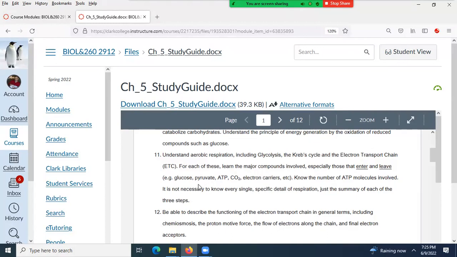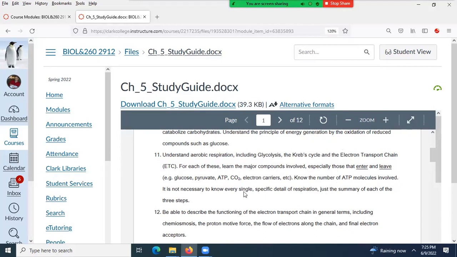You should know the number of glucose, the number of pyruvate, the number of ATP, the number of CO2 that are made in each of these steps. Okay. And you should know the ATP molecules involved.